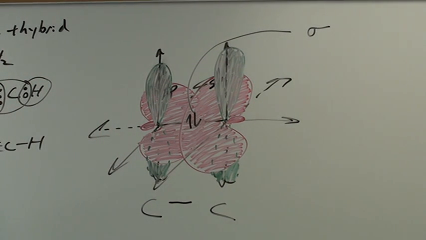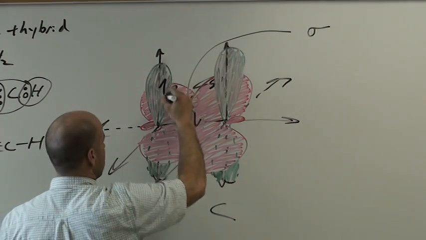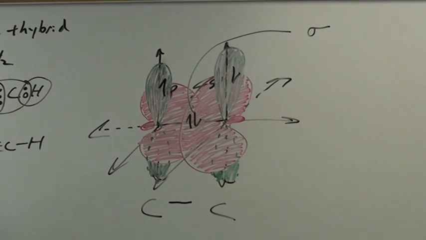They each have an electron in them. And those p orbitals overlap.